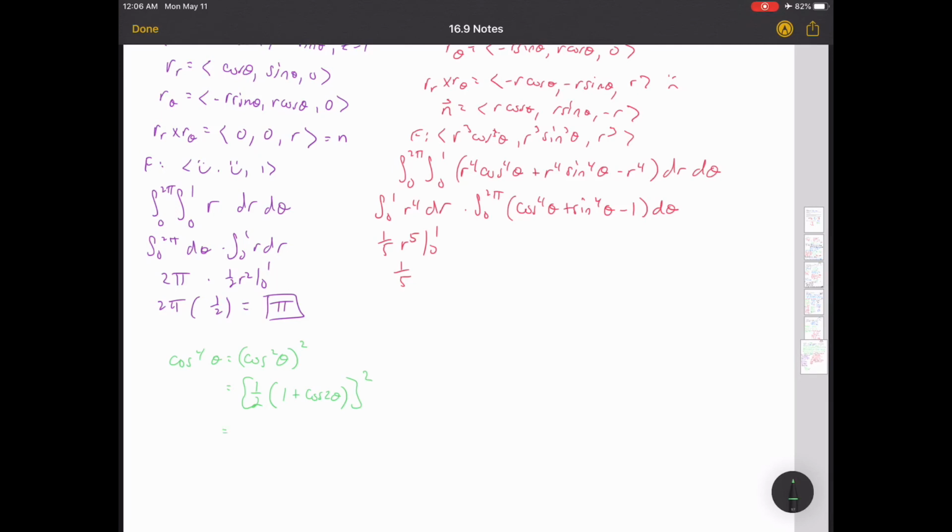So when I square that, I'm actually going to get a 1/4. I have to FOIL this piece, so it'll be 1 plus 2 cosine of 2 theta plus cosine squared of 2 theta.